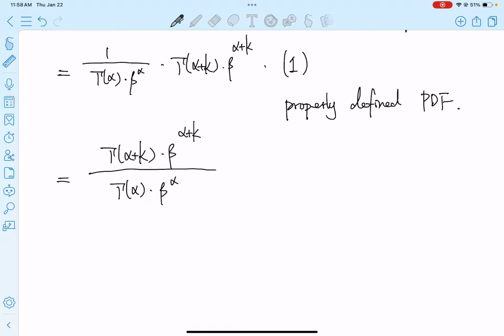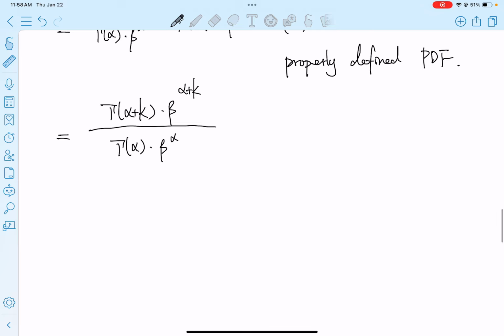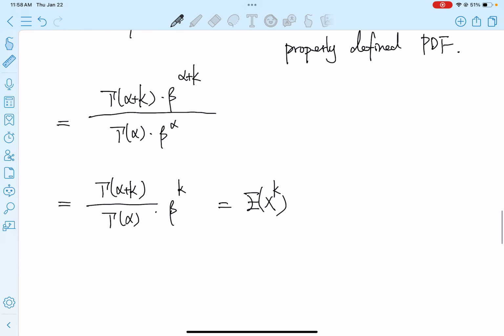We can also simplify to have gamma of alpha plus k, beta raised to the power of k. So this is the kth moment, for any arbitrary k, of the x that follows the gamma distribution of alpha beta.